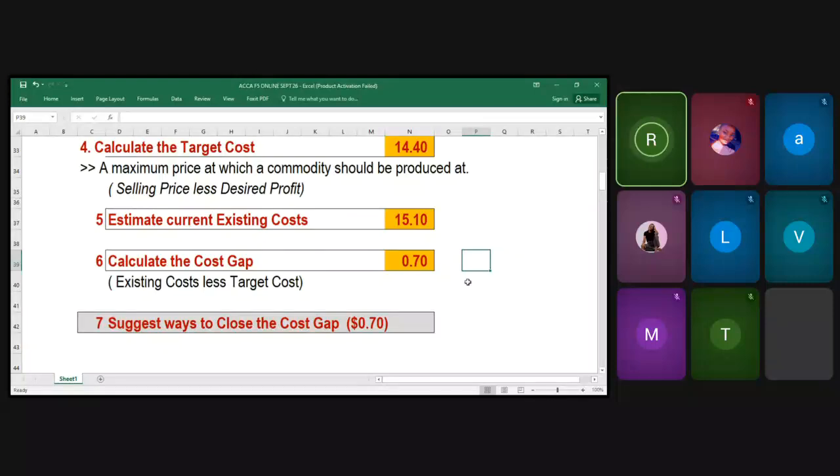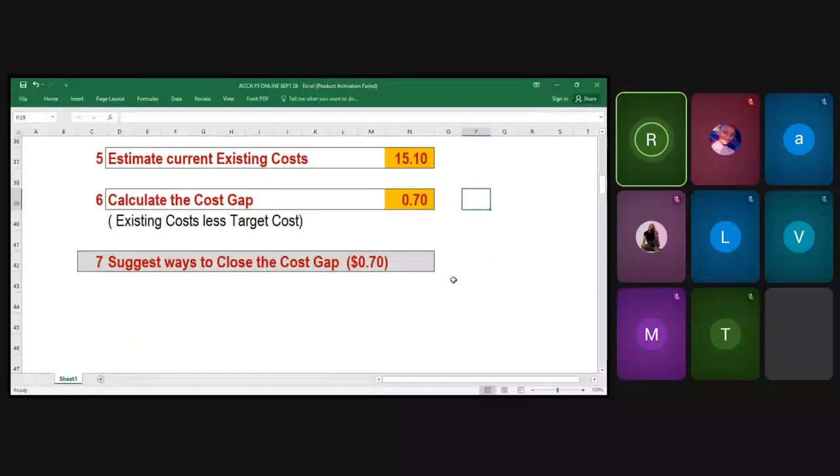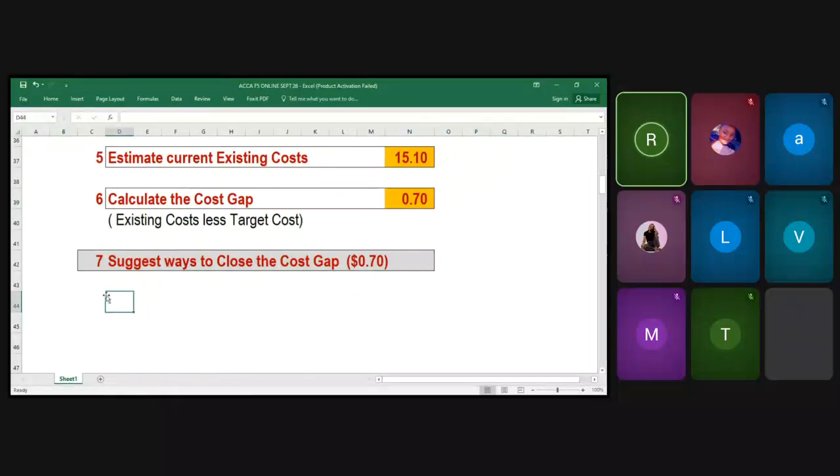All right. So let us look at ways to close the gap. So the ways of us closing the gap, we look at what we have in an organization. And the most important item that you have to look at is material. So let us look at material. Reduce cost of material.